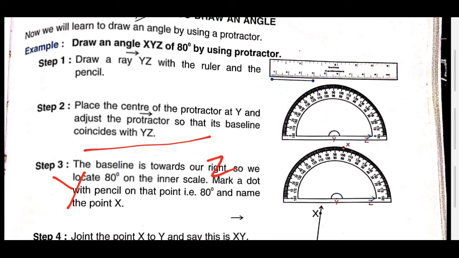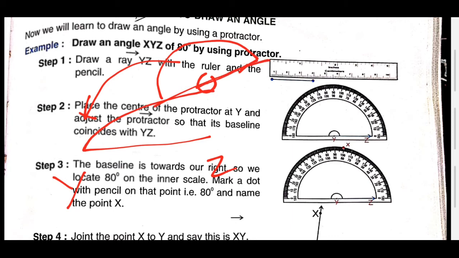Second, place the center of the protractor at Y and adjust the protractor so that its baseline coincides with YZ. Now you have one protractor, as I told you in the previous video; it has one center point and this is known as the baseline. You have to put this protractor on this line in such a way that the center comes on point Y and the baseline coincides with YZ.